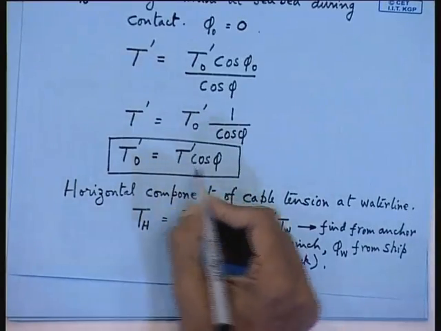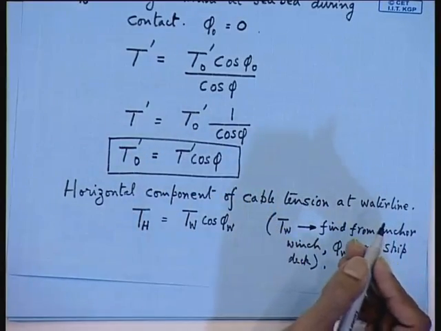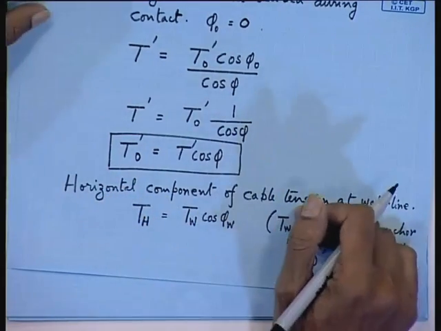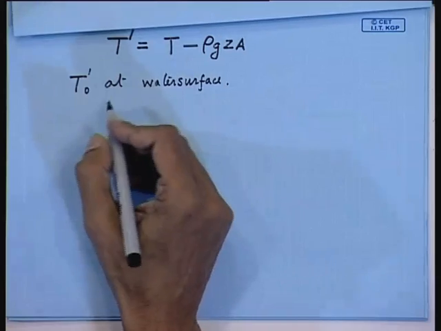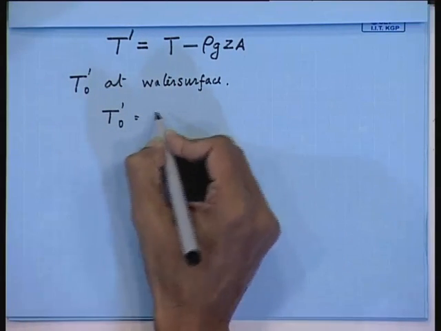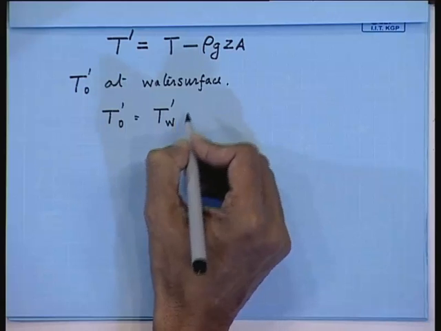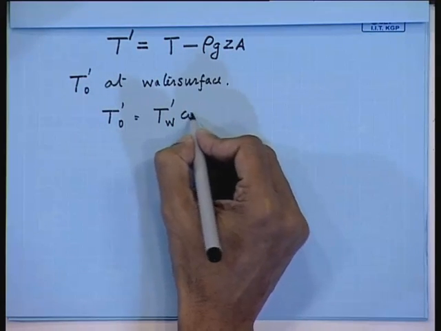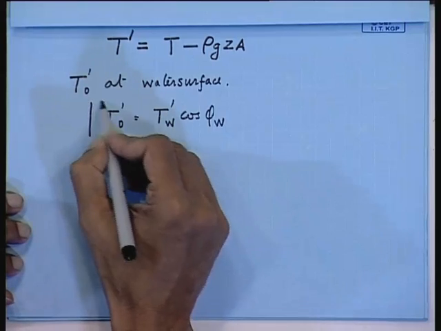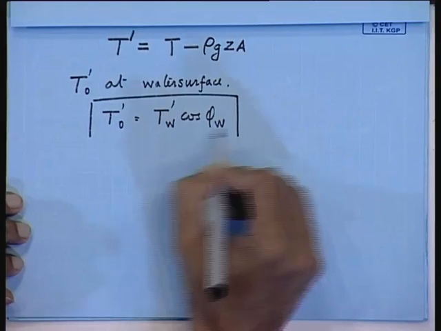What was the expression for T prime naught? So T prime naught is T prime multiplied by cos phi. Now at water plane what is going to happen? This expression at water plane if you write, so this T prime naught will be equal to T prime, you just simply put subscript W. So this will be cos phi W. So this is at water plane or at water surface.